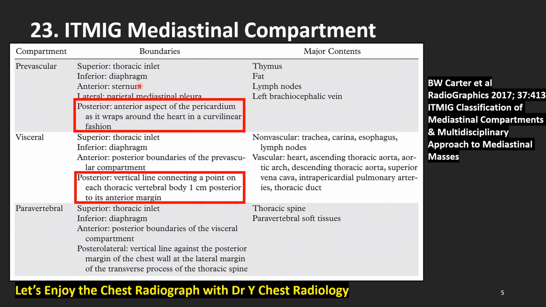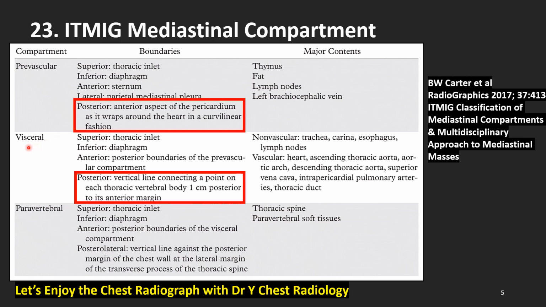I'll introduce you to the new, recent concept of a mediastinal compartment by ITMIG. First, the prevascular compartment, almost similar to the anterior mediastinal compartment. What's important is the posterior boundary, that is, the anterior aspect of the pericardium as it wraps around the heart in a curvilinear fashion.